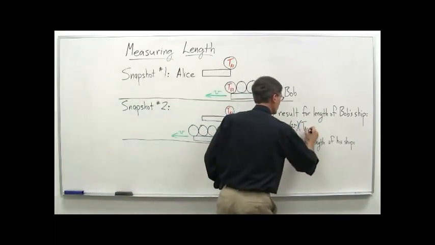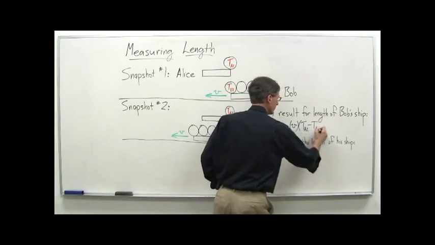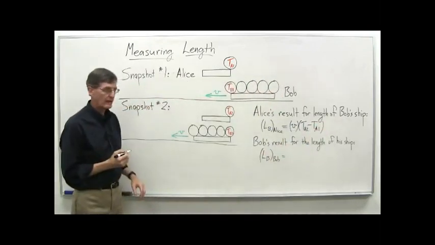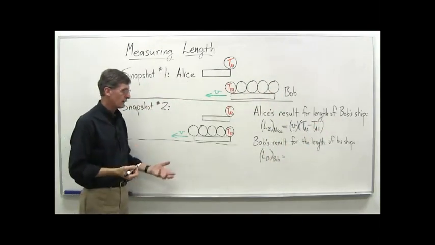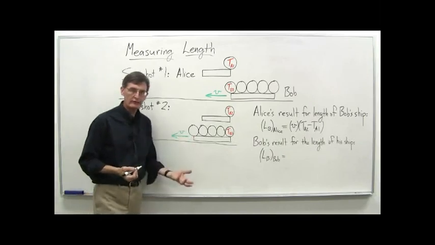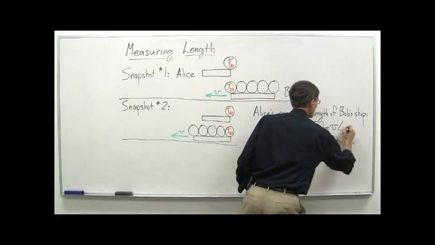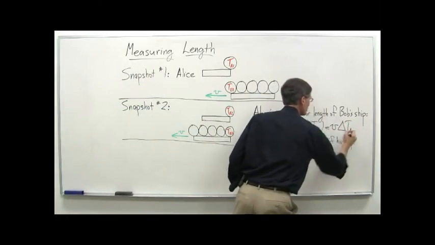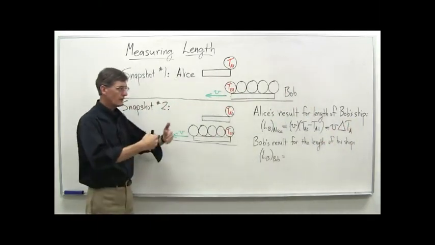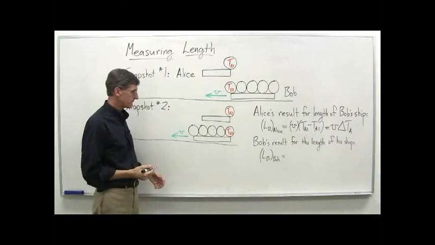So T sub A2 minus T sub A1. And we'll just rewrite that as we've done before using delta. So this becomes V delta T sub A, the elapsed time on Alice's clock.